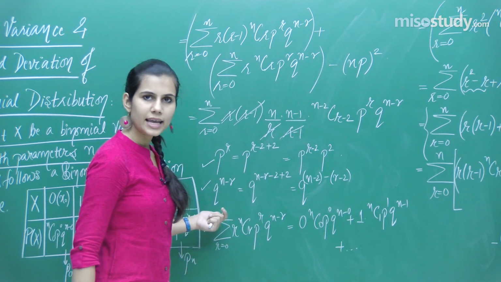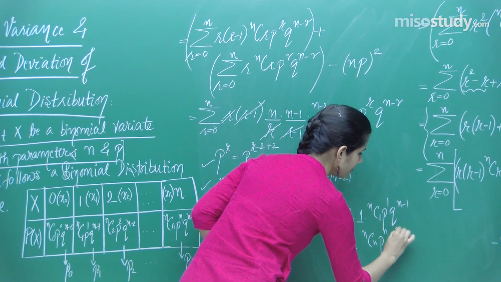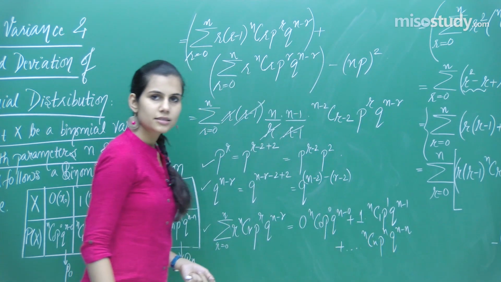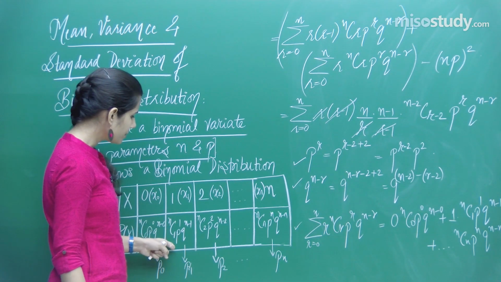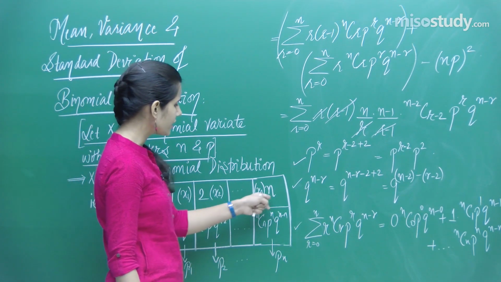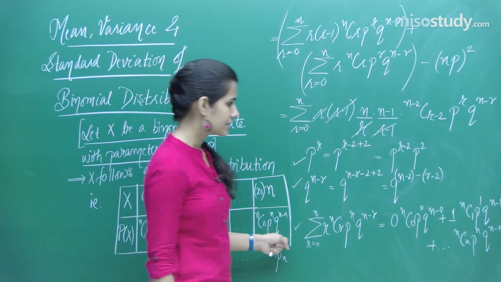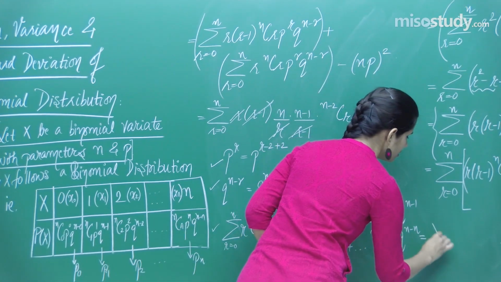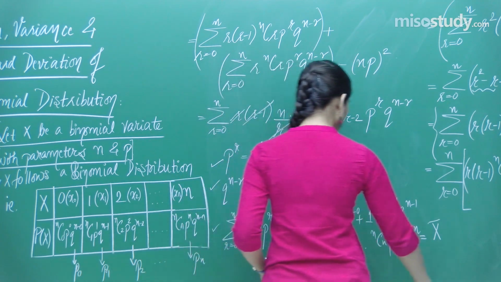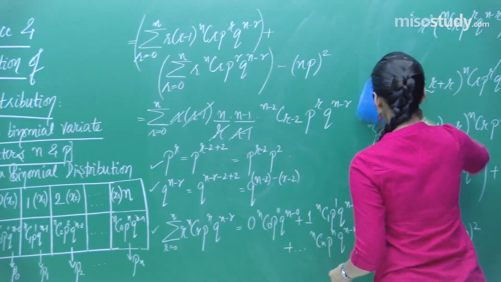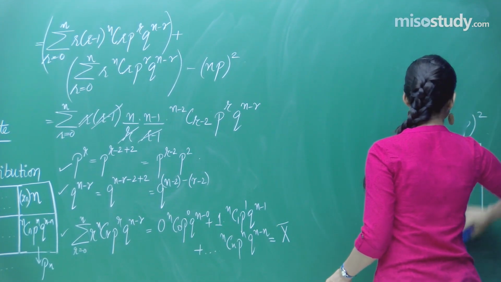Last is for r equals n, you get nCn p to the power n q to the power n minus n. This is nothing but x0 into p0 plus x1 into p1 plus x2 into p2 and so on till xn into pn, which is nothing but the mean of the random variable x. This is equal to mean, right?